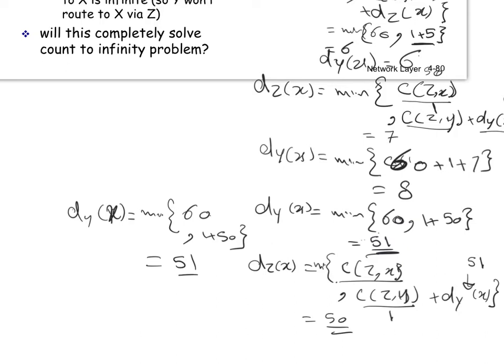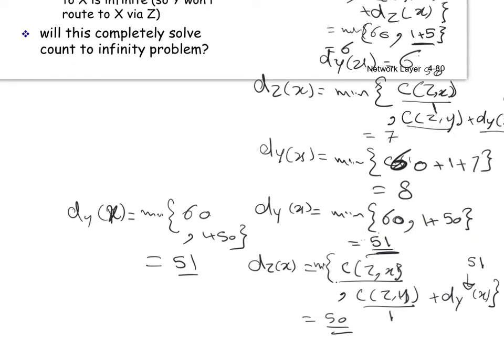When does this happen? When did this happen? When Z started to realize that it should not go through Y and it should go directly to X. Okay? But before this happens, we had this ping pong effect, okay, which is again based on the fact that we do not maintain any global view here.